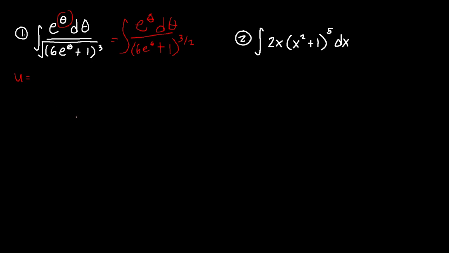So you could say, if we're trying to substitute x as our u, when we differentiate that, then that's going to be dx, and we can't really use that because it won't replace and cancel out anything in the equation. So we use 6e^θ + 1 as our u.